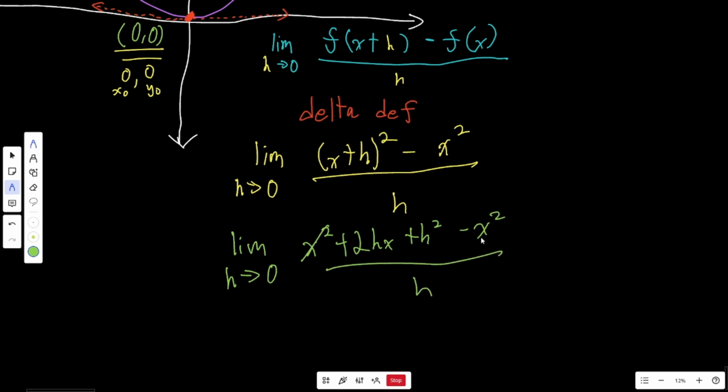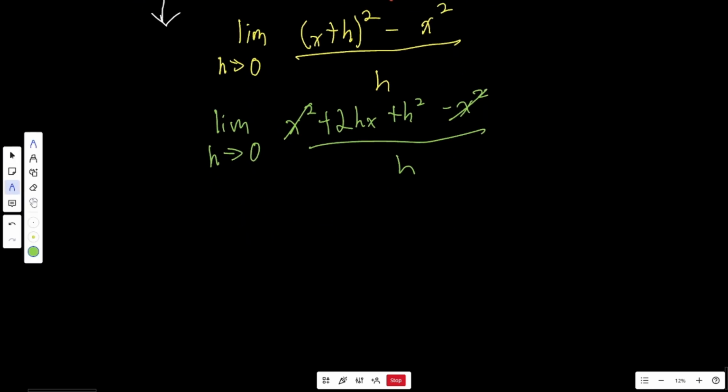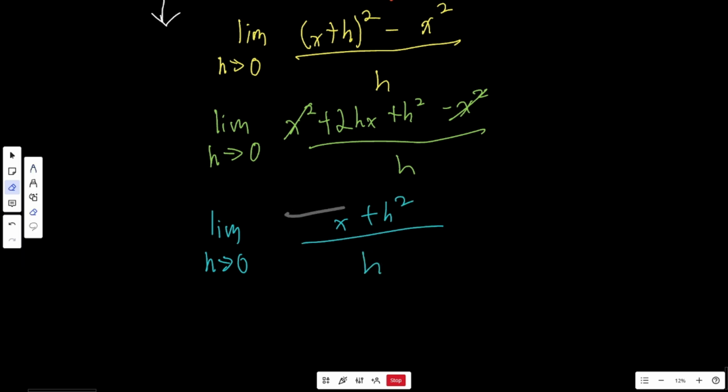We can see that these two cancel out, and we'll be left with the limit as h approaches 0 of 2hx plus h squared over h. We can factor out the h here, so let's just go ahead and do that already. We're going to factor out the h and we'll get 2x plus h. And we can cancel these two out.